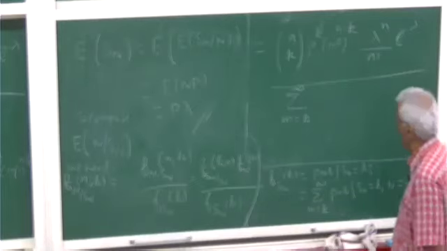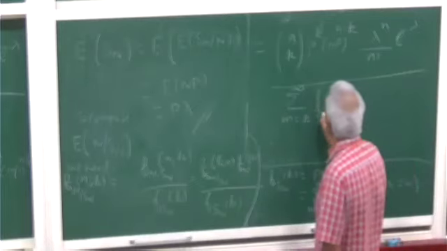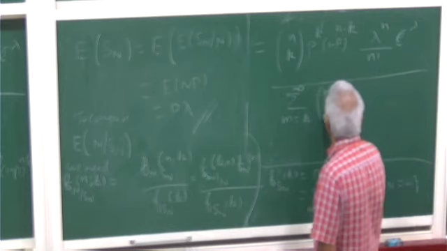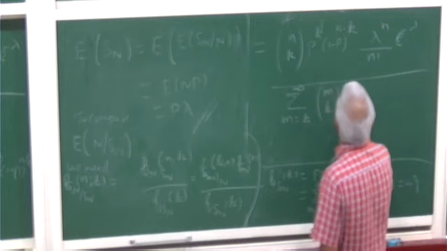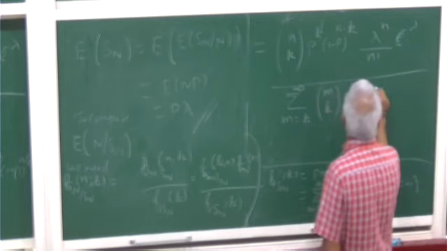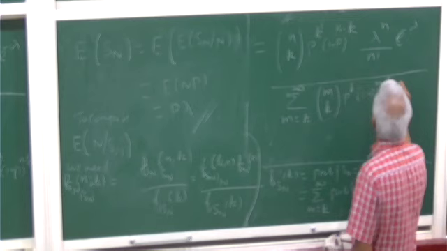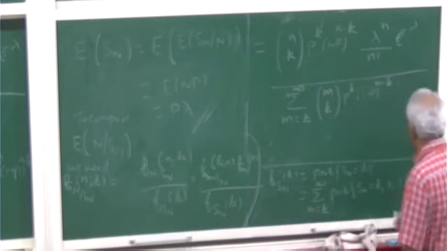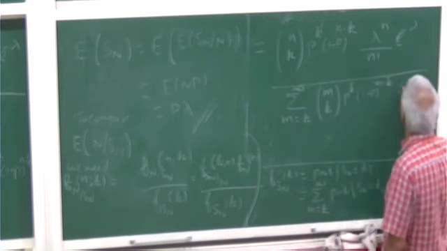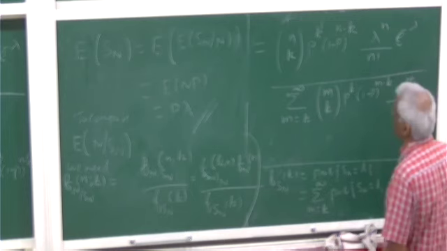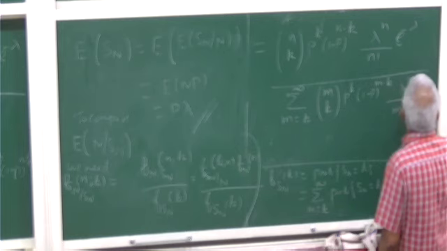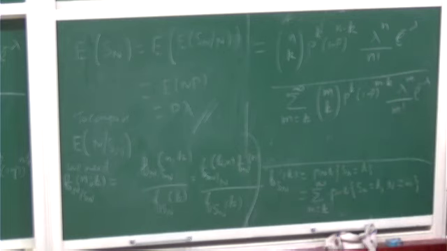It's just a sum, it has to be like that. So that is why m choose k, p power k, 1 minus p power m minus k, times lambda power m by m factorial, times e power minus lambda. Okay, this is okay.